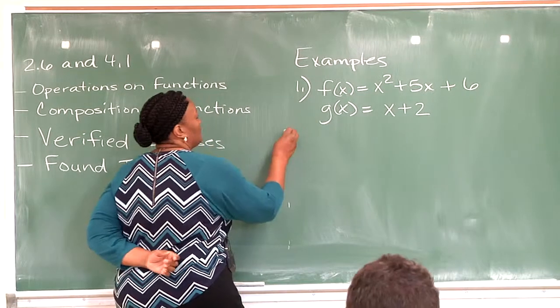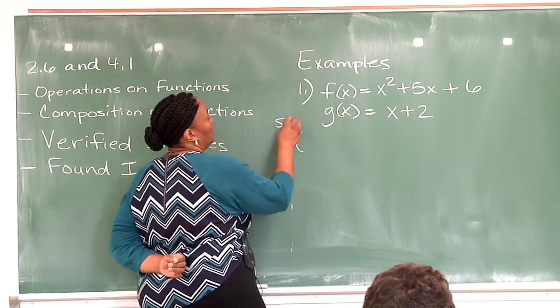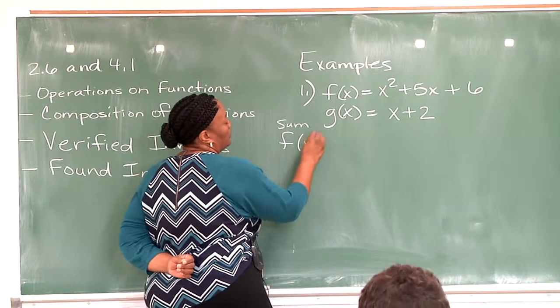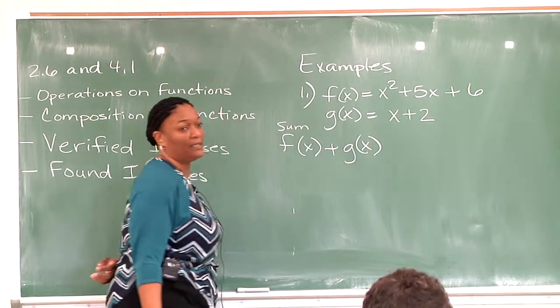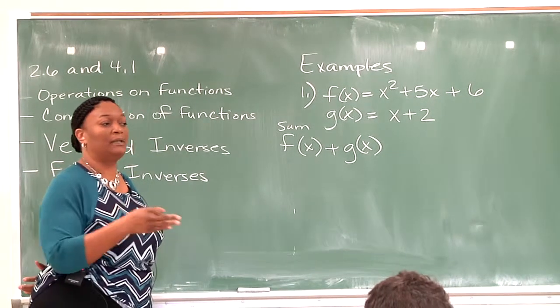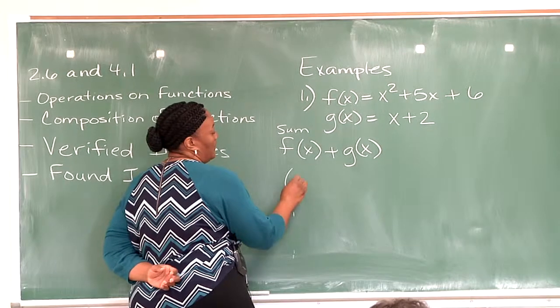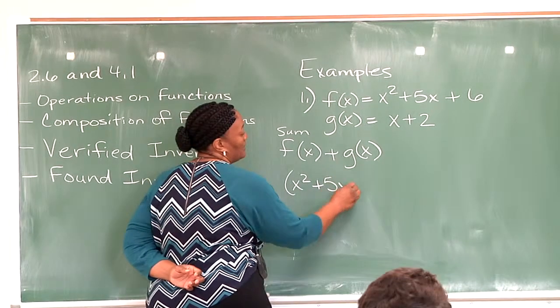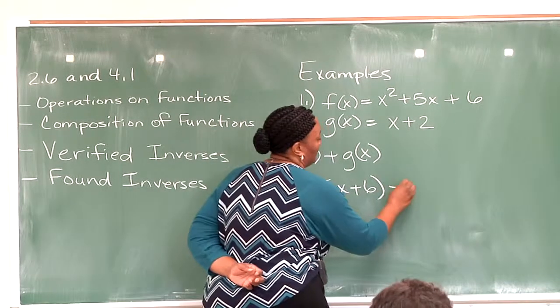Here we go. When we're trying to find the sum, I'll put that over it. What you're doing is taking f of x and just adding it to g of x, right guys? Isn't that what we did? So what I'm going to do here is I know that f of x is x squared plus 5x plus 6, and I know that g of x is x plus 2.